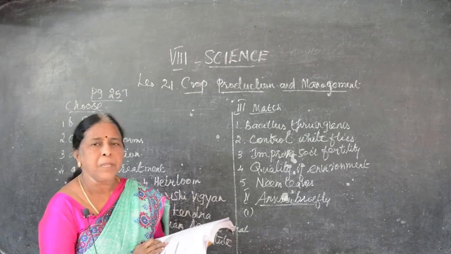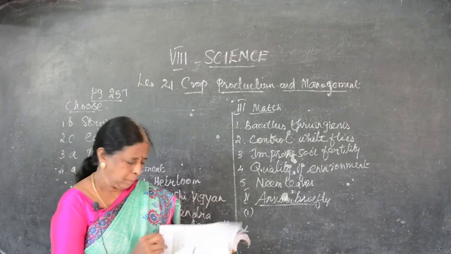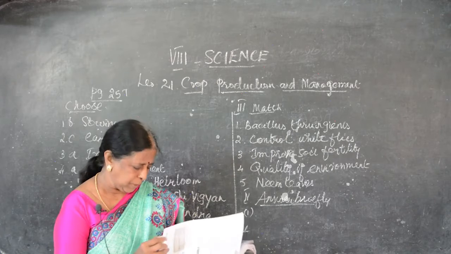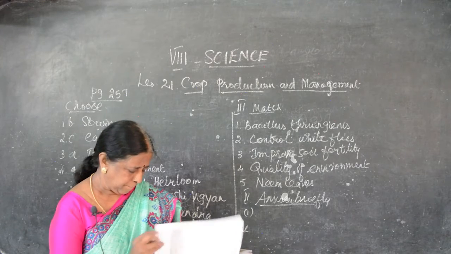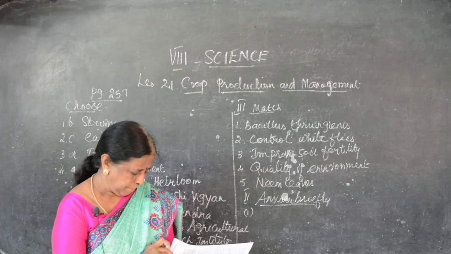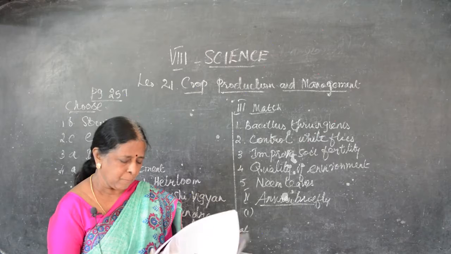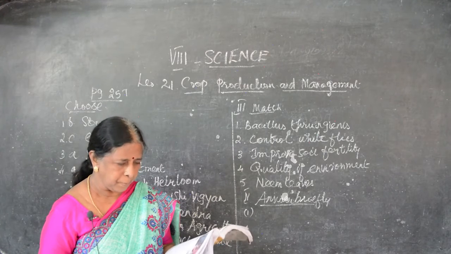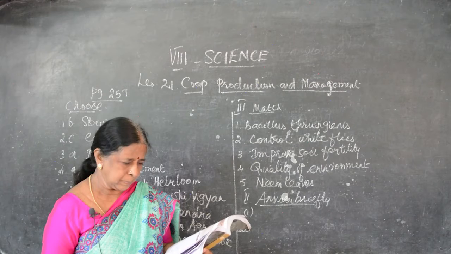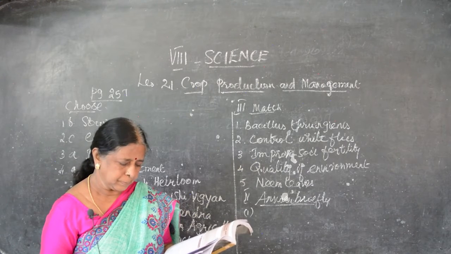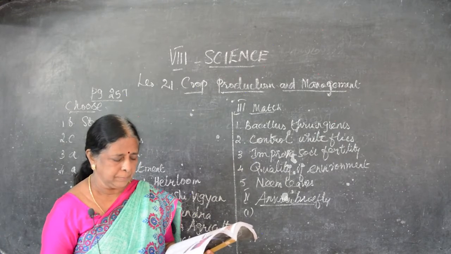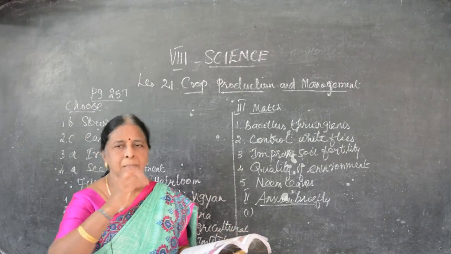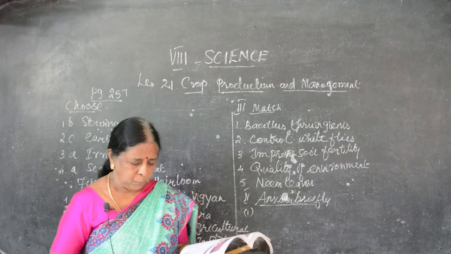First one, define ploughing. Define ploughing is in page number 245. Children, take page number 245. Here, under the heading ploughing, that is opposite side, 245.